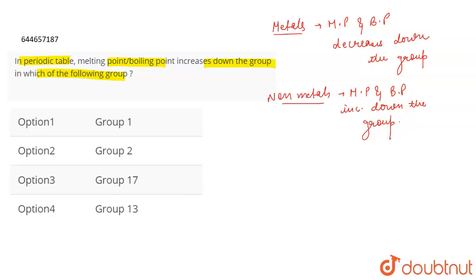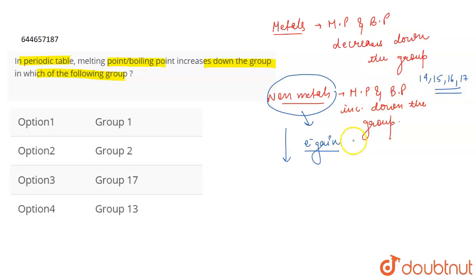So what happens is that in the case of non-metals, generally, non-metals have a tendency to gain electrons. Non-metals belong to groups 14, 15, 16 and 17 of the periodic table, which are the carbon family, nitrogen family, oxygen family and fluorine family.